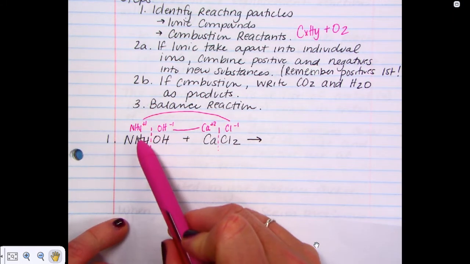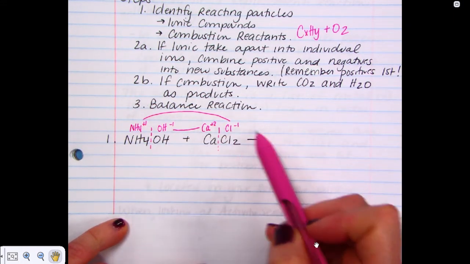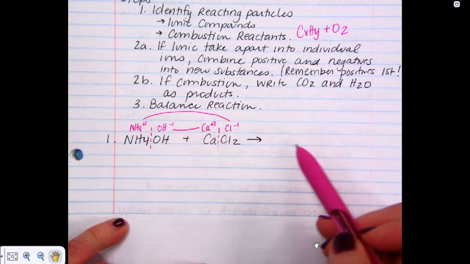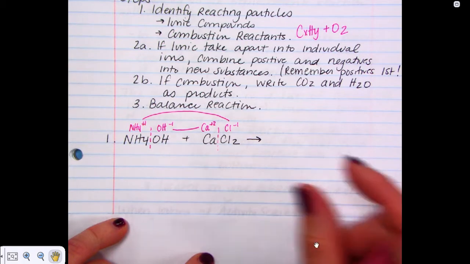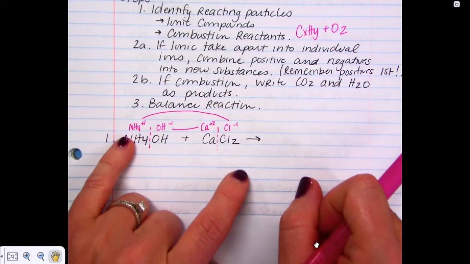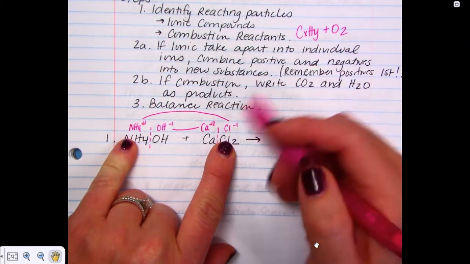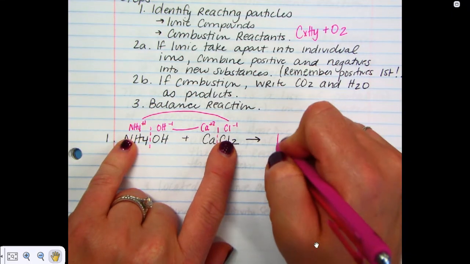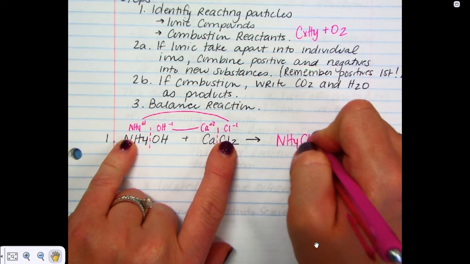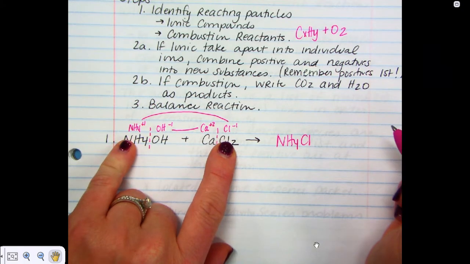It doesn't matter if I write the NH4Cl first or if I write the Ca with the OH first. That does not matter. But the individual parts have to be balanced right. So let's do the NH4 and the Cl. NH4 plus 1 and Cl minus 1. I don't need to drop and swap there. So NH4Cl is my new substance.